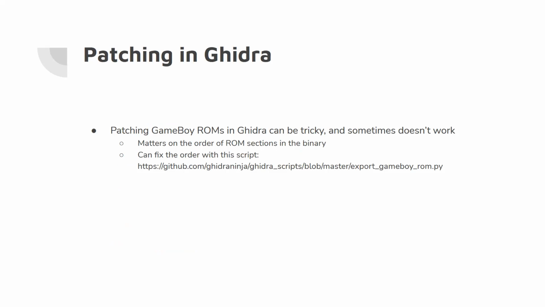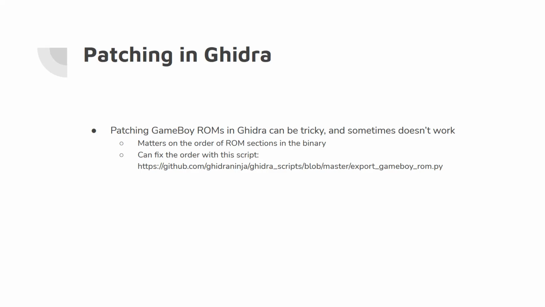So just a note, patching in Ghidra can be tricky. It can be weird. And that's true of multiple architectures, but especially Game Boy. So a lot of the times patching Game Boy ROMs in Ghidra will fail, and that's almost certainly due to the order of the ROM sections in the binary.